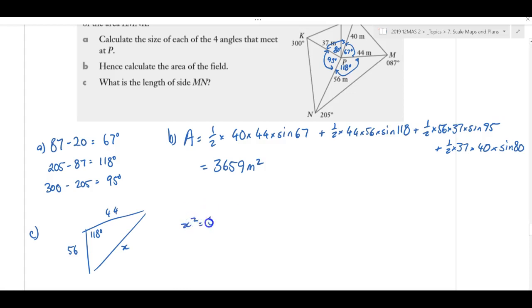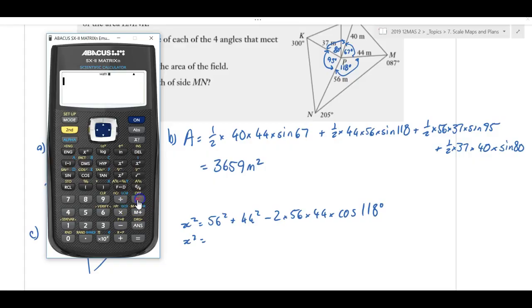So X squared is 56 squared plus 44 squared minus 2 times 56 times 44 times the cos of 118 degrees. Calculator, here we go again: 56 squared plus 44 squared minus 2 times 56 times 44 times cos 118 degrees equals.